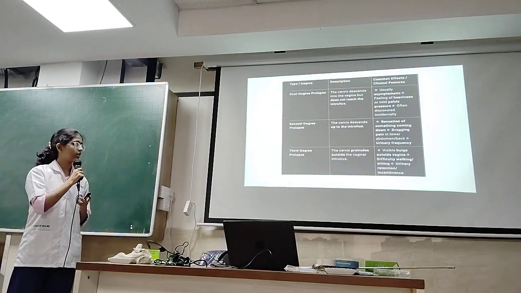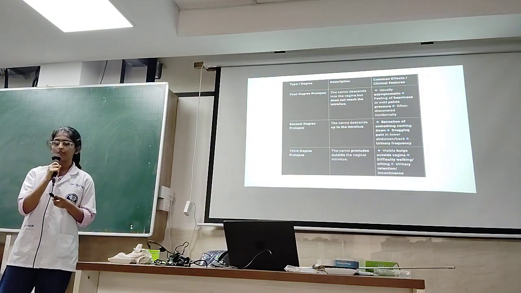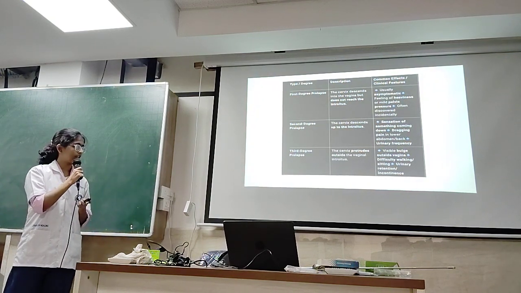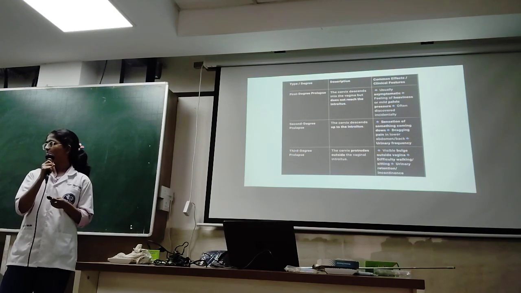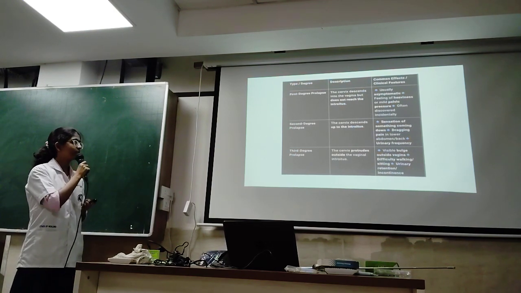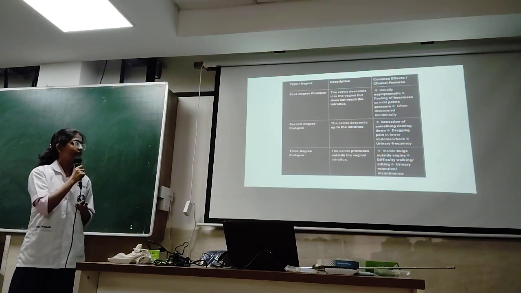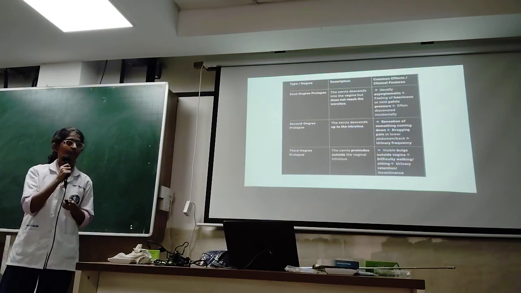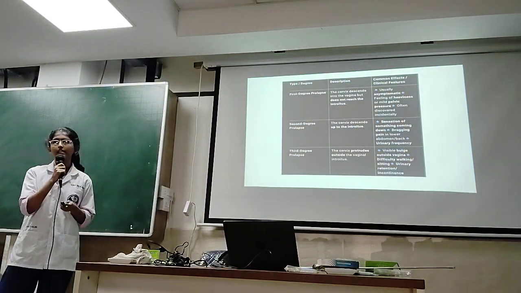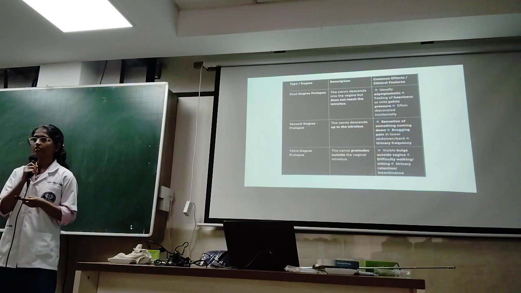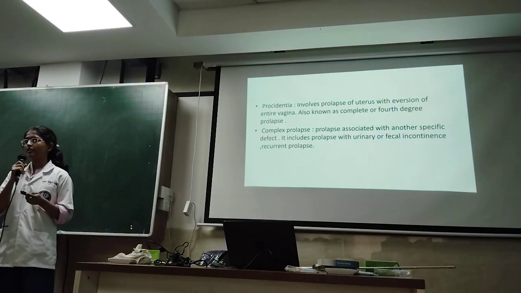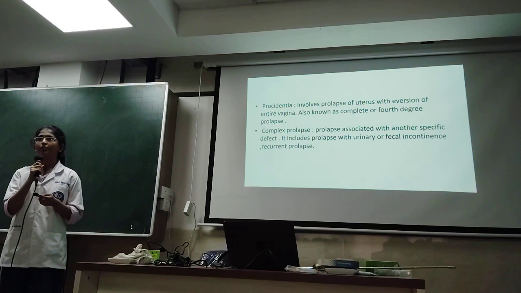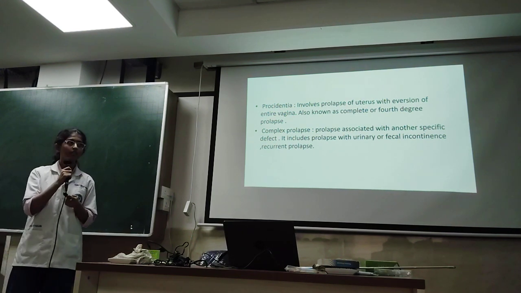In the third degree prolapse, the cervix protrudes outside the vaginal introitus, with a visible bulge outside the vagina, and difficulty in walking or sitting can be seen, and there is also urinary retention or incontinence associated with this. The procidentia is also known as complete prolapse or fourth degree prolapse.